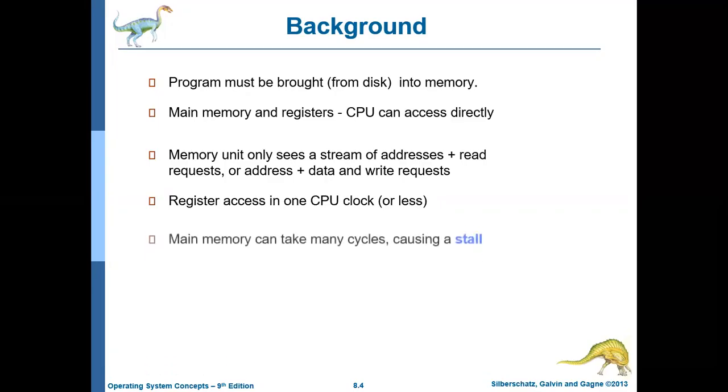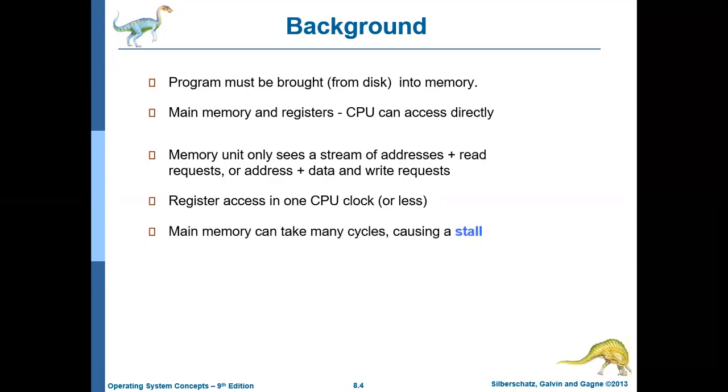So if CPU wants to perform some operation on the data that is stored in the registers, then CPU can do that at a very fast speed. It can do it at the rate of more than one operation in a single CPU clock cycle.